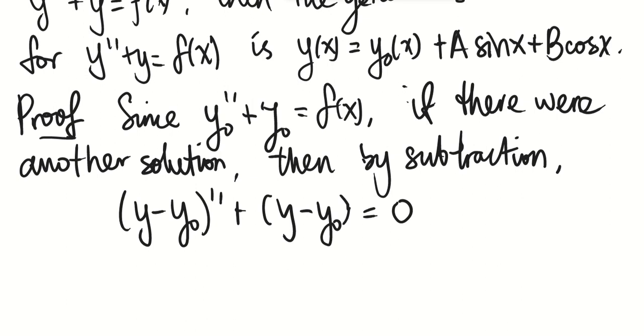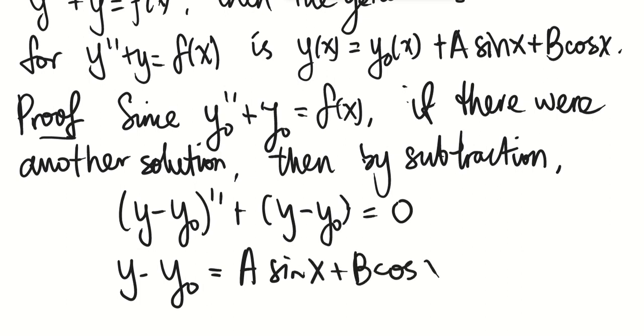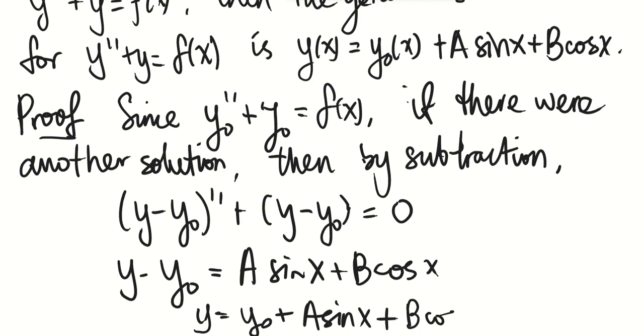But the general solution for this is a sine x plus b cos x, and hence if there were any other solution, it must be in the form y naught plus a sine x plus b cos x.